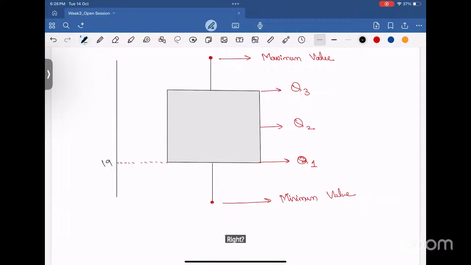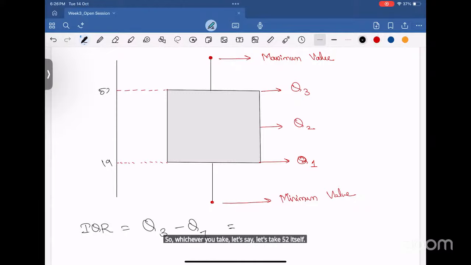And the 9th question is IQR. What is IQR? It's Q3 minus Q1. If we approximately find the Q3 value, it is something like 51 or 52. Let's take 52 itself.